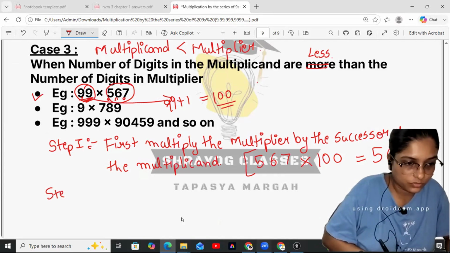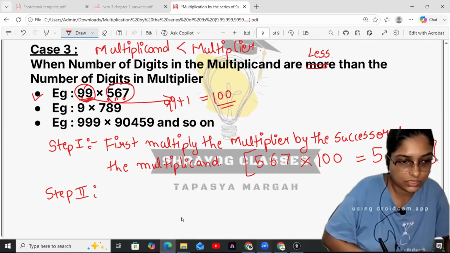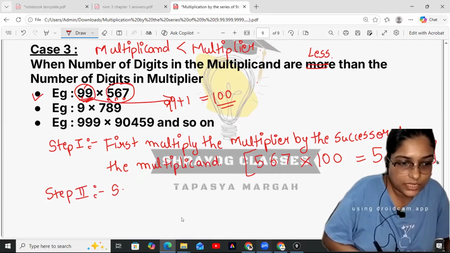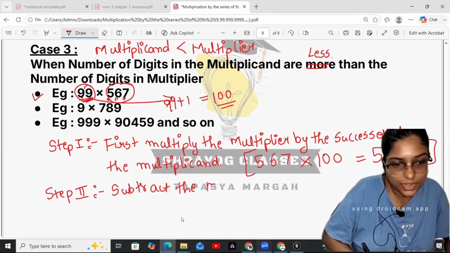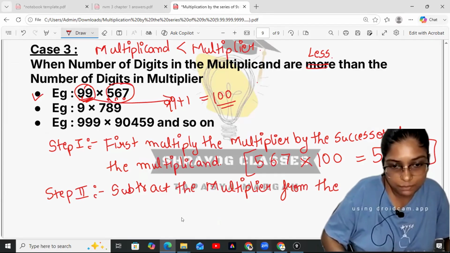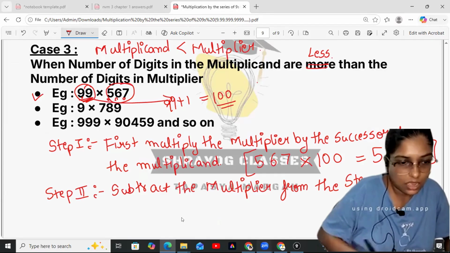Now step 2. Subtract the multiplier from the step 1 answer.